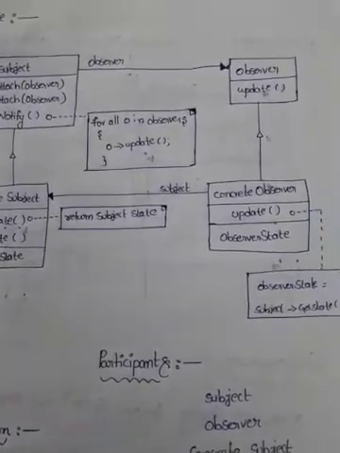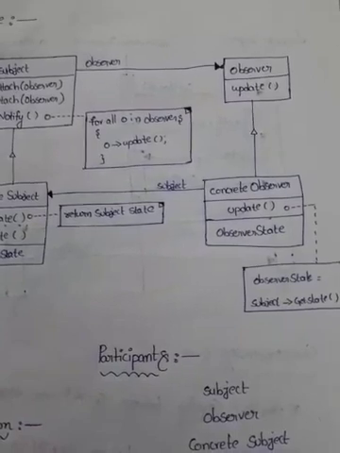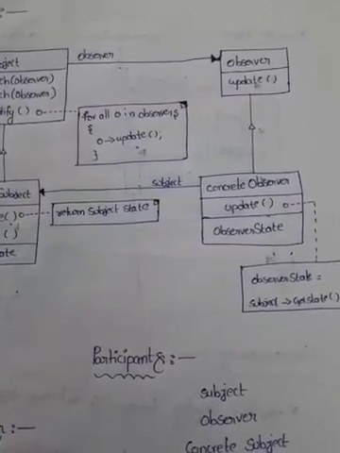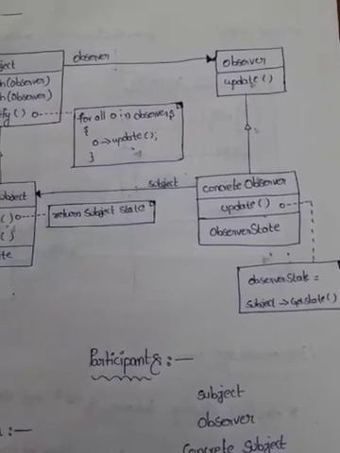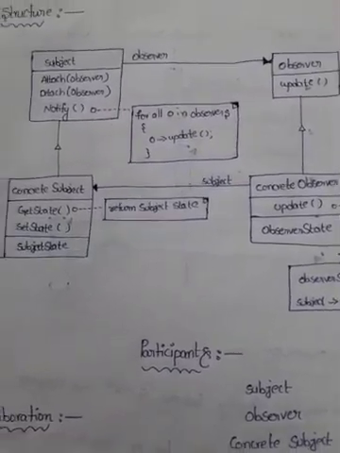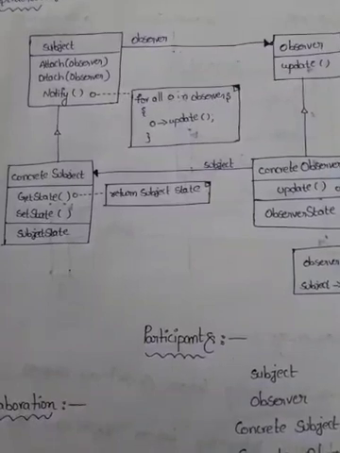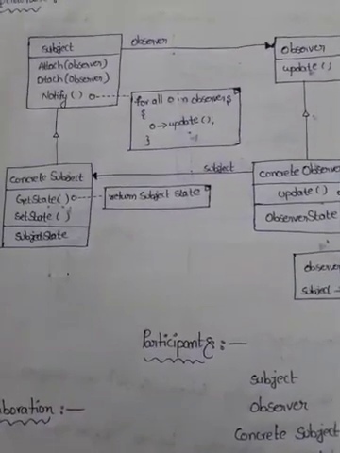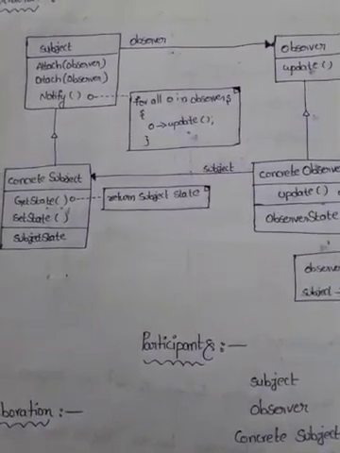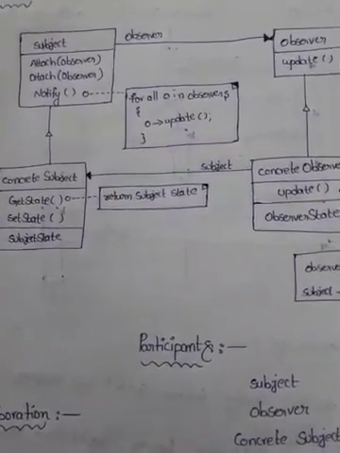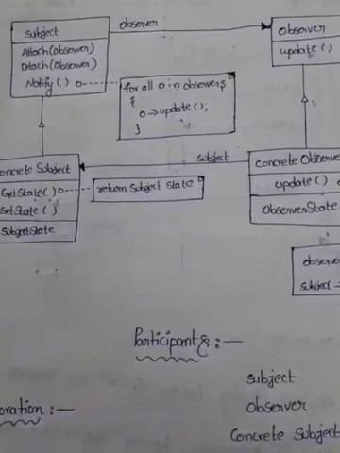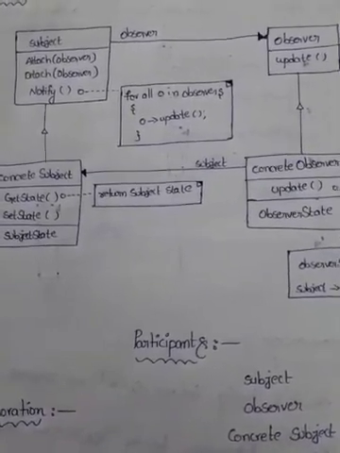And coming to the observer, the observer defines an updating interface for objects that should be notified of changes in a subject. And the next class is the concrete subject. The concrete subject stores a state of interest to concrete observer objects, and it sends a notification to its observers when its state changes.